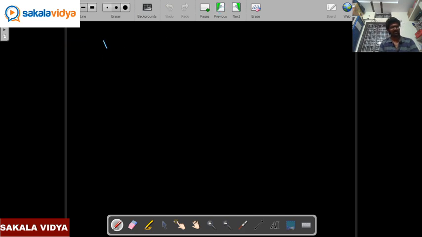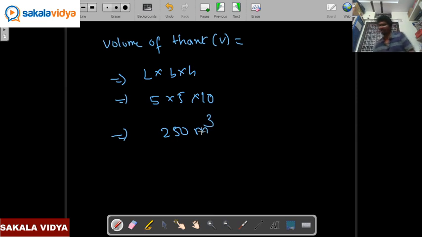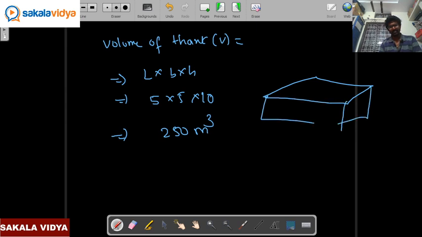So V is equal to L into B into H, which is 5 into 5 into 10, which is 250 cubic meters. The volume of this tank is 250 cubic meters. But we need to find the mass of the water.